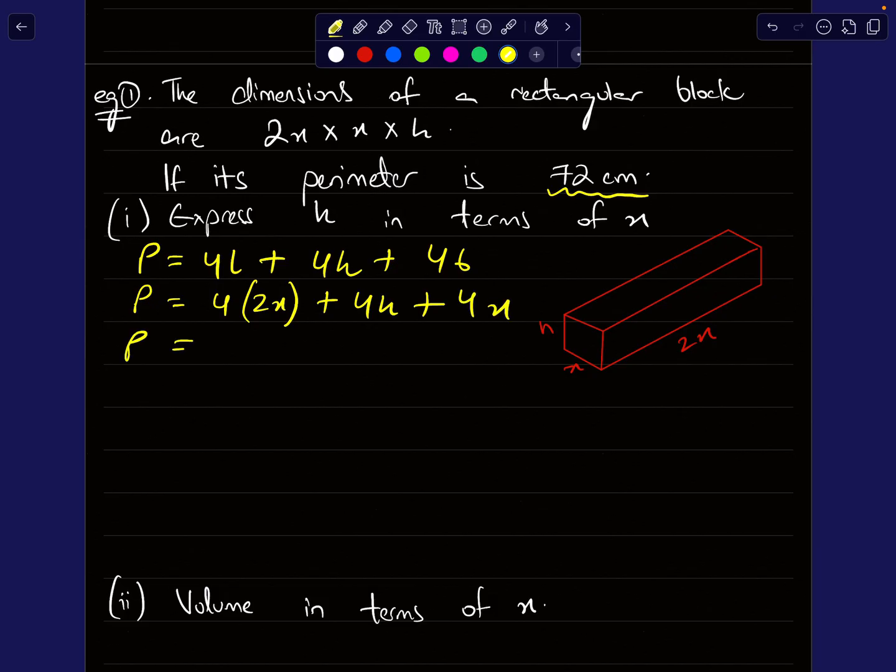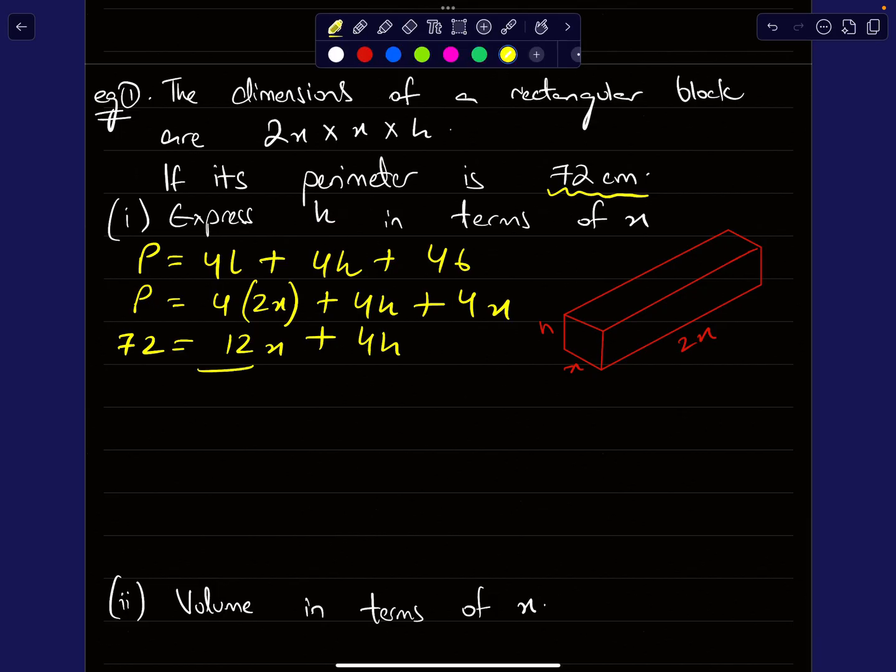Simplifying this would give us 12x plus 4h. The question gave us the perimeter, which was 72, and thus we can express h in terms of x.